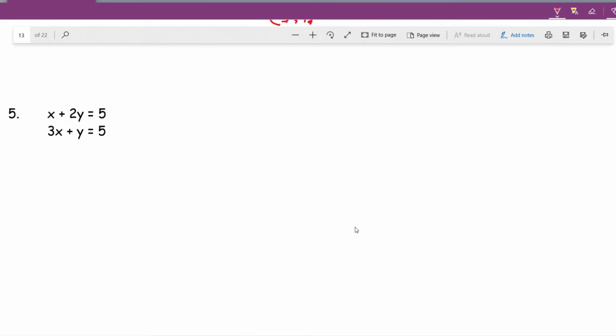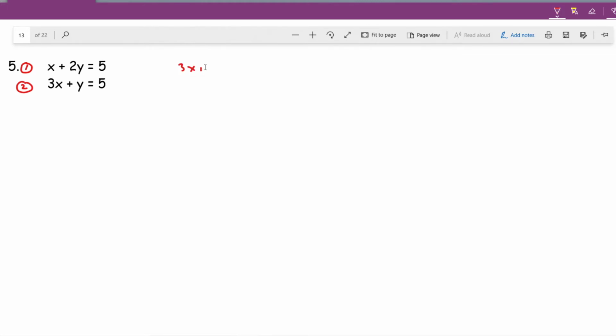Okay, if you want to pause it, have a go. Otherwise, carry on watching. Again, call that equation 1 and that equation 2. This time I'm going to multiply equation 1 by 3, which I'm then going to call equation 3.